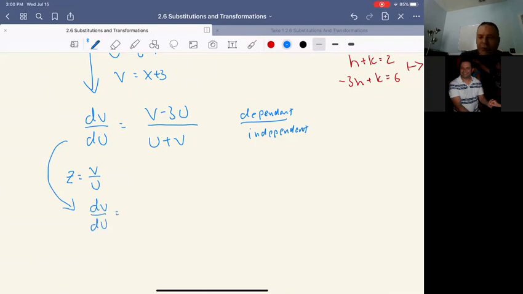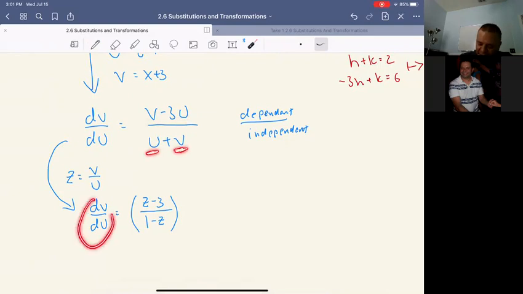dv du equals, we're going to get, (z minus 3) over (1 minus z), right? Do you see why? The v over u is z, u over u is 1, u over u here is 1, v over u is z. Let me change this. uz equals v.